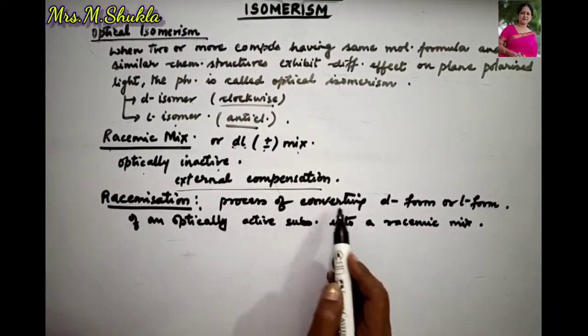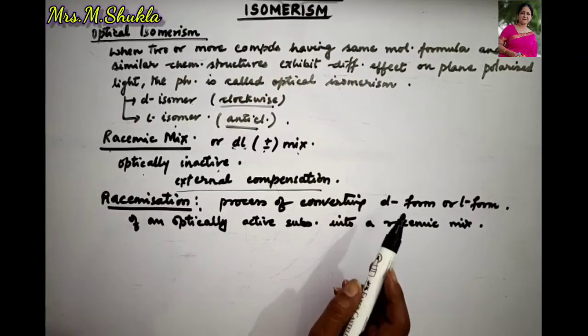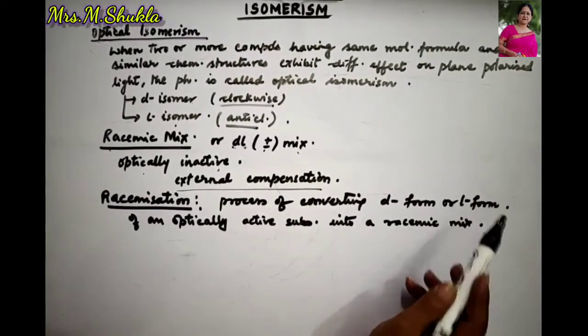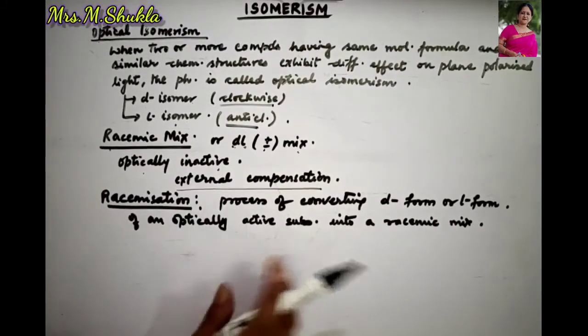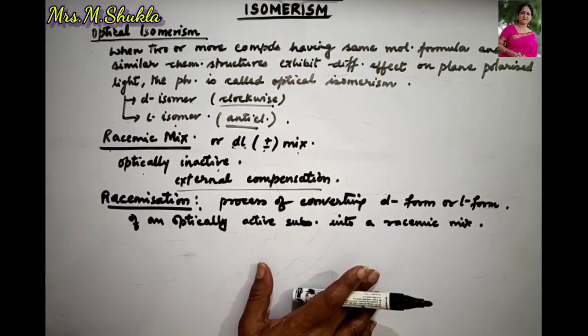What did I say? The process of converting the D form or L form of an optically active substance into the racemic mixture is called racemization.